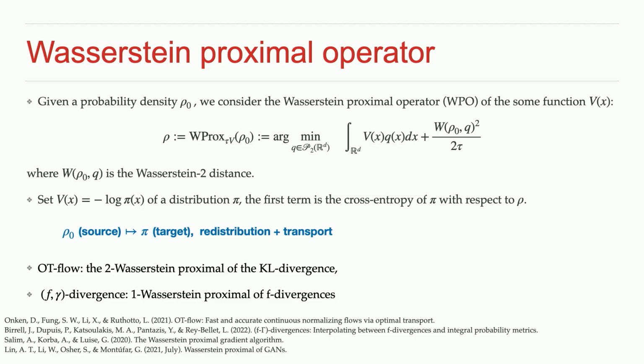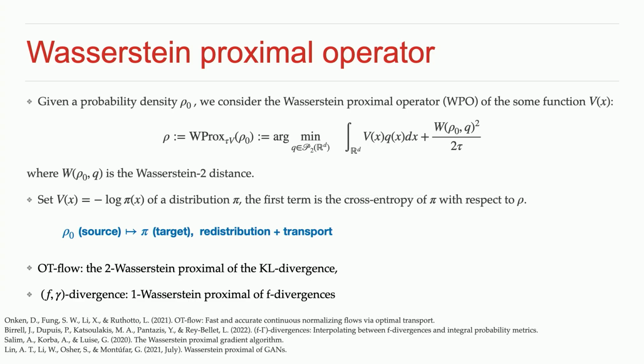So it can be written in the following form, as we are trying to find a distribution q of x that is going to minimize the function with a proximal term over here using this Wasserstein metric. So we take a special case with a linear functional with respect to our unknown function q of x.